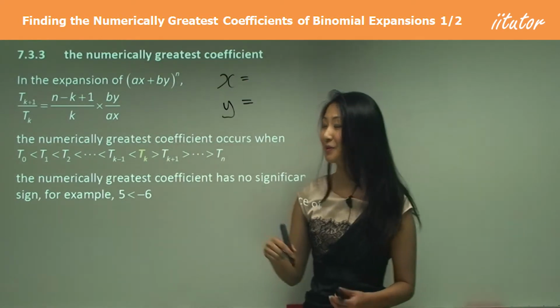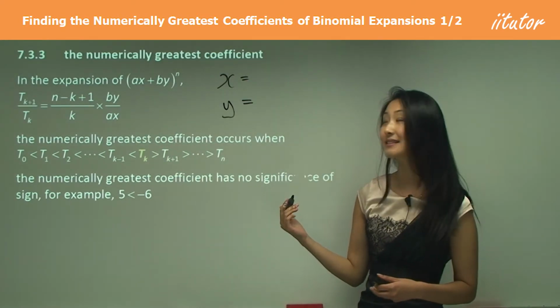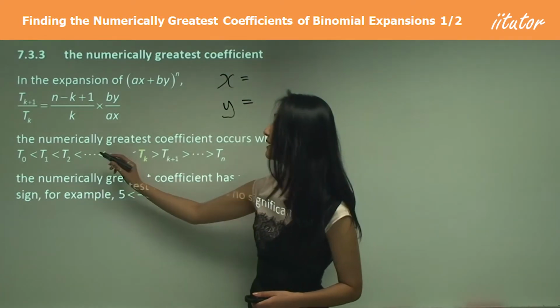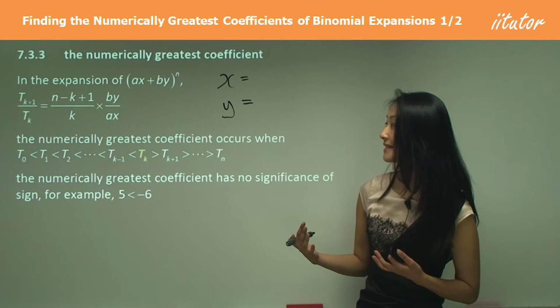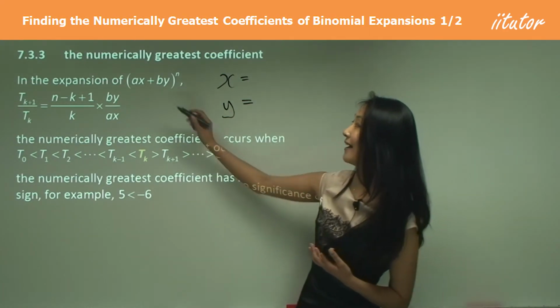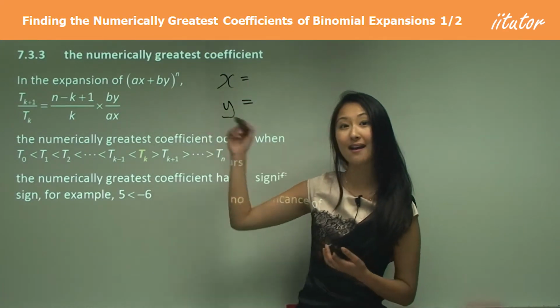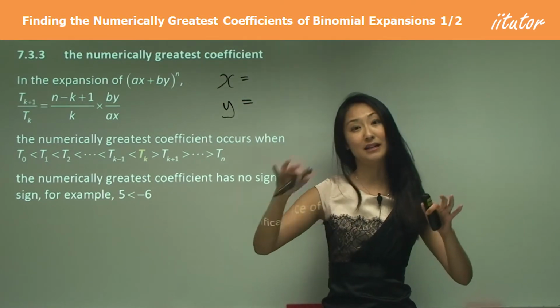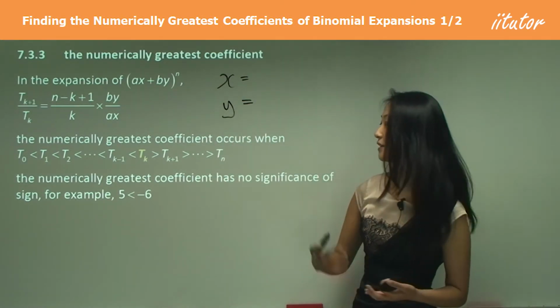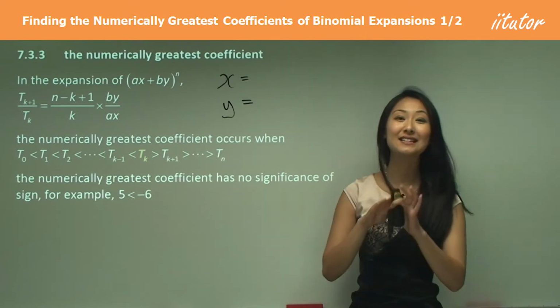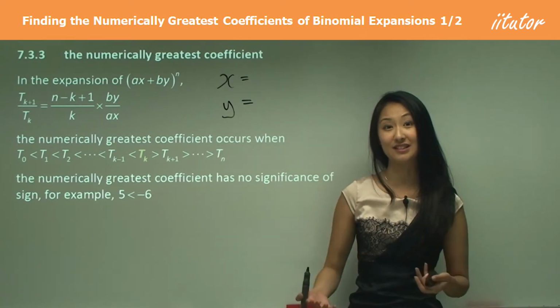So that's quite simple. Now the other thing is the term numerically greatest coefficient. What that means is that, for example, if you had ax minus by, then your signs would be plus, minus, plus, minus. Now when a question asks you for the numerically greatest coefficient, it doesn't take into consideration the sign.